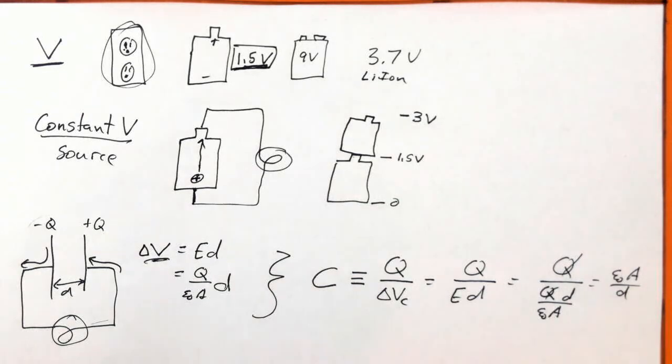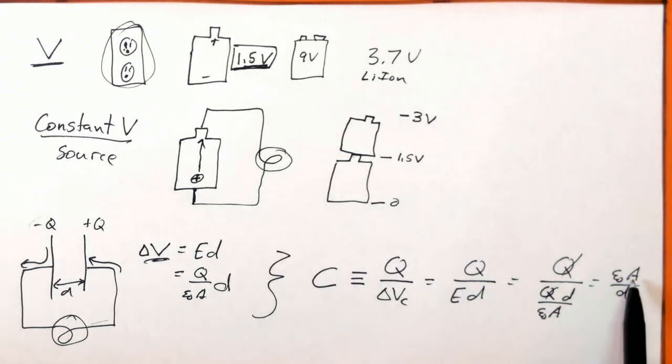What's really important about that is that it has nothing to do with charge that can change, nothing to do with voltage. It is purely a product of the geometry of the device. And because of that, I can create capacitors by machining.